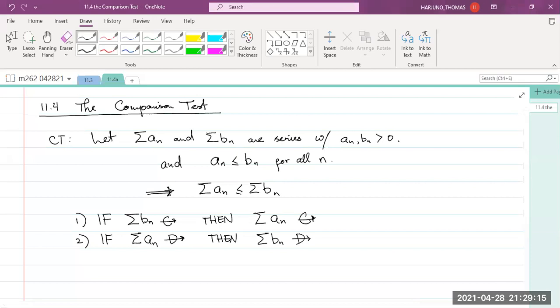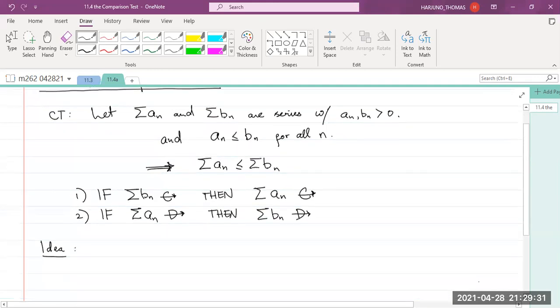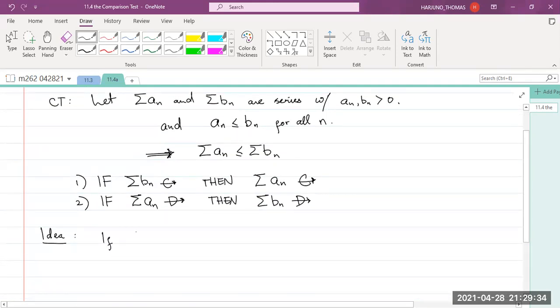So if you can find a series that is bounded above by another series that is convergent, then that series is convergent. So the idea: these terms are bounded by B sub n and the sum of B sub n is convergent, then the sum of A sub n is convergent.